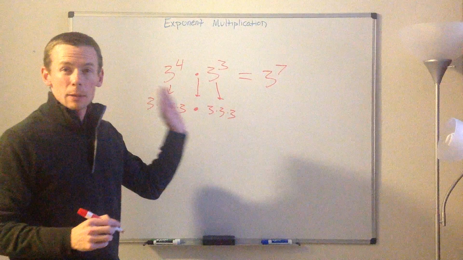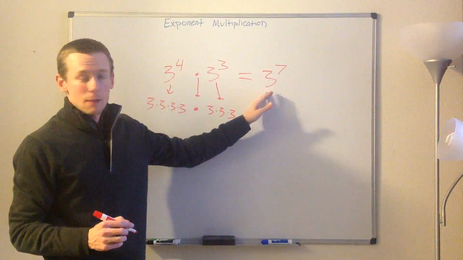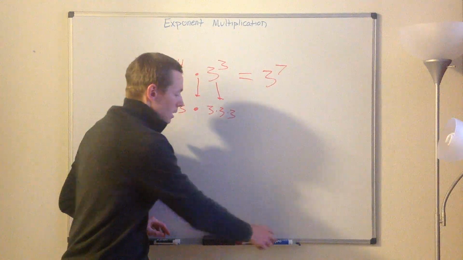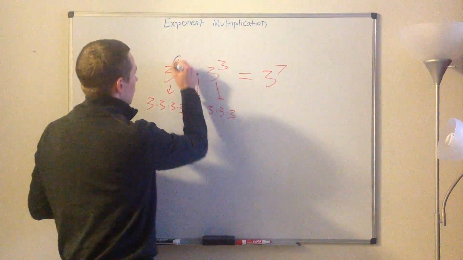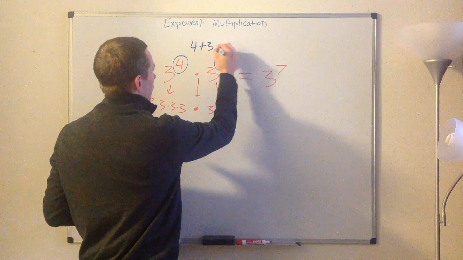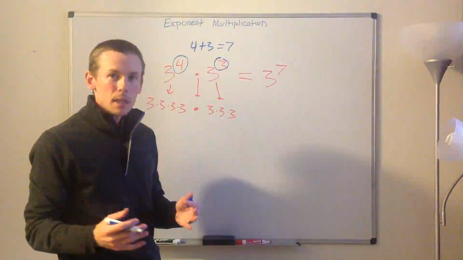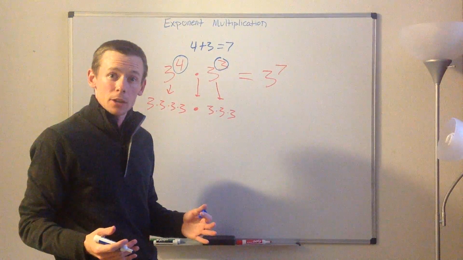So 3 to the fourth times 3 to the third simplifies to 3 to the seventh. So notice what we did with the exponents. We actually added the exponents to get the correct simplification.